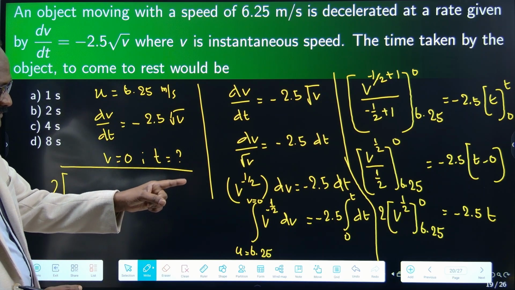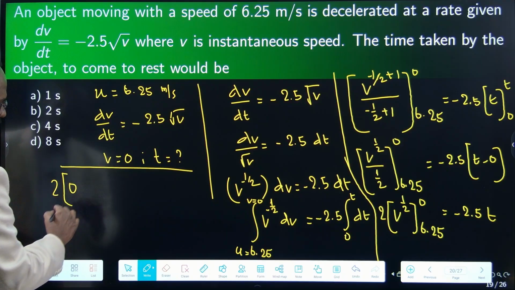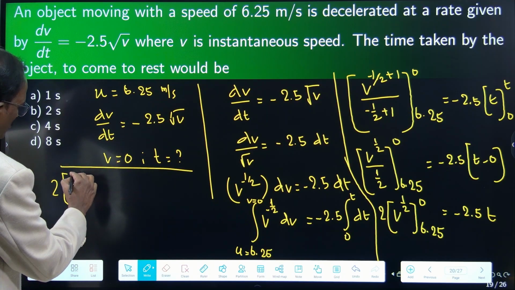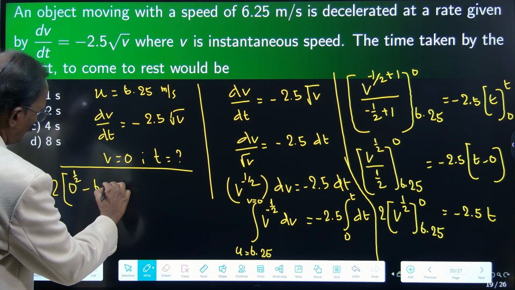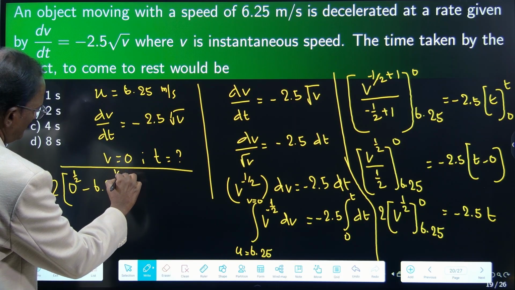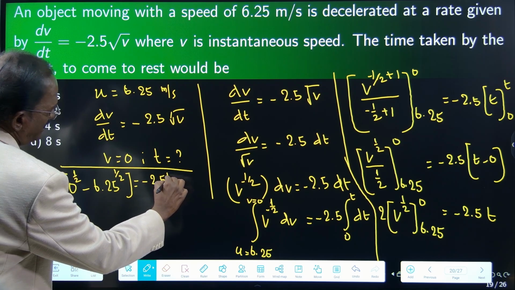First we are putting 0 in the place of v, 0 power half minus 6.25 power half is equal to minus 2.5 t.